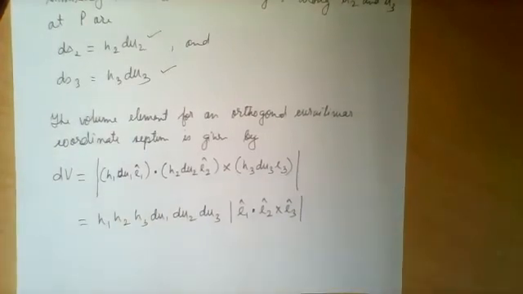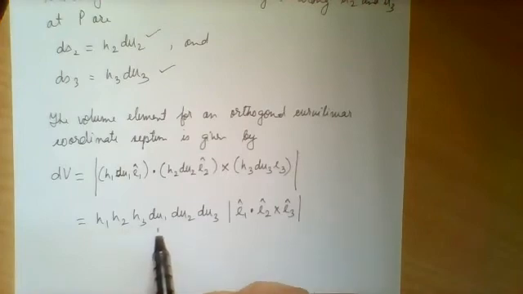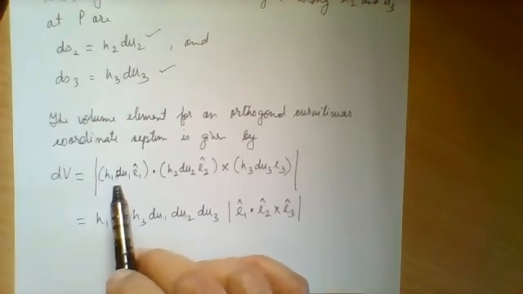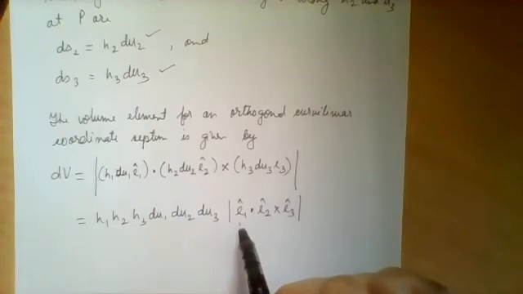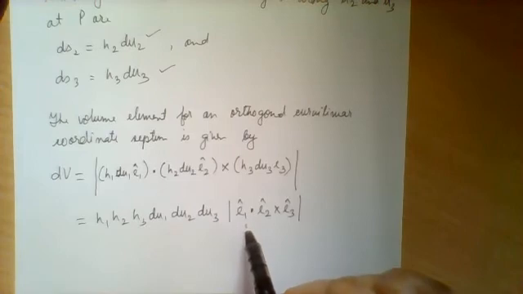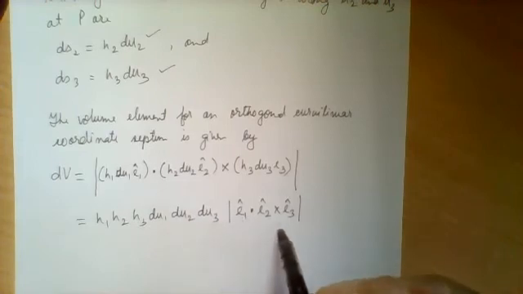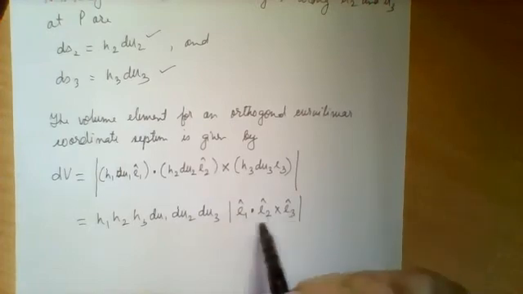These h1, h2, h3 are simply numbers, these are not vectors. This is like i cap, j cap, k cap. So this is a volume, a three-dimensional object formed by e1, e2, e3.